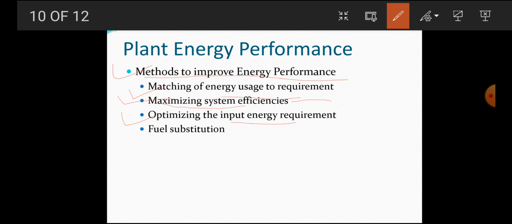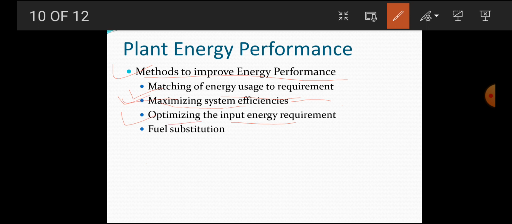Then replacing the pumps, fans, air compressors or refrigeration systems which are old and not efficient. Then periodic maintenance of the various instruments, and also replacing the systems with higher specification. These are all examples by which we can maximize the system efficiency.